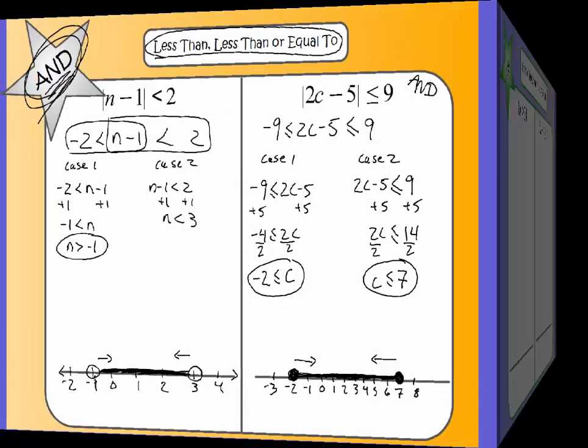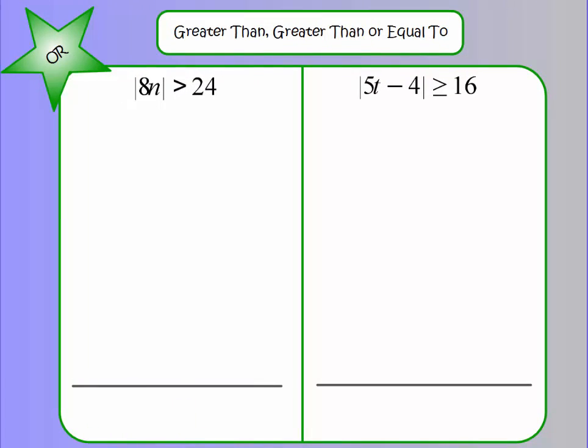So, like you might expect, greater than or equal to is going to be or. So let's see what happens when we do an OR problem. We have the absolute value of 8n is greater than 24. So we just have 8n is greater than 24, or 8n is less than negative 24.